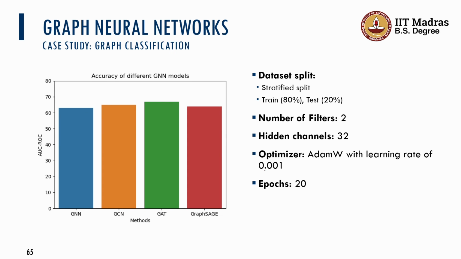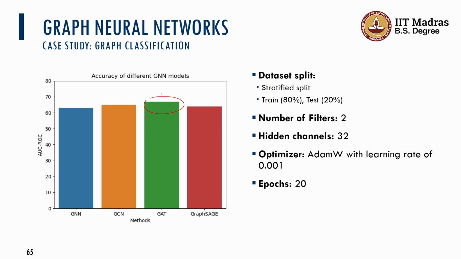So more or less the problem setting, filters, hidden channels, optimizer, and epochs remain the same in all the graph classification problems which we have looked at. Here again, we are using the 4 kinds of graph filters or graph neural networks: standard GNN, GCN, GAT, and GraphSAGE as filters, and trying to see which one is providing us better results.